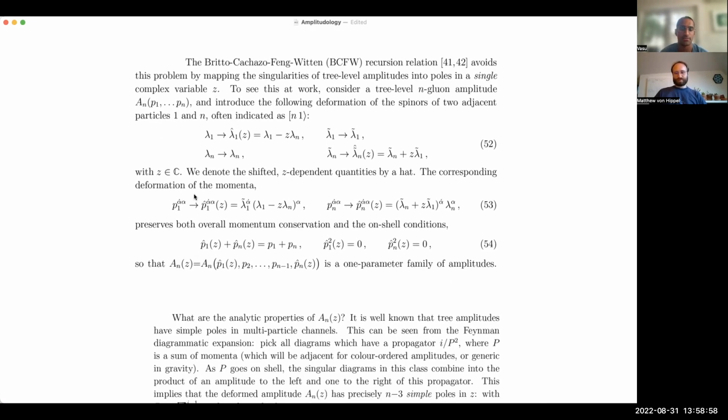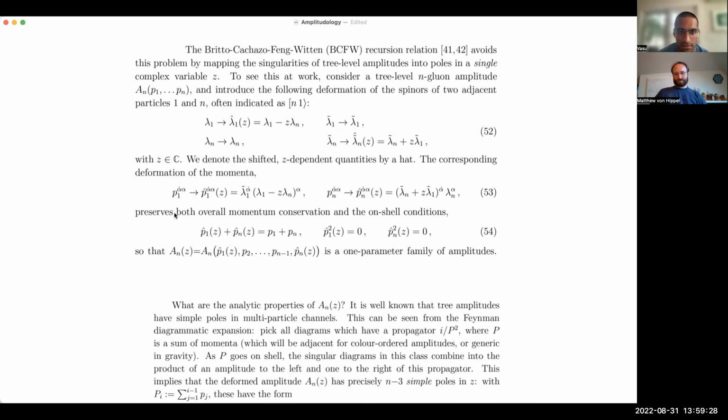Now, what that means in terms of the momenta P1 and Pn is that instead of just having the simple product form of lambda tilde lambda, they're going to have the following shifted product form: lambda tilde 1 lambda 1 minus z times lambda tilde 1 lambda n. And similarly for Pn, it's lambda tilde n lambda n plus z times lambda tilde 1 lambda n.